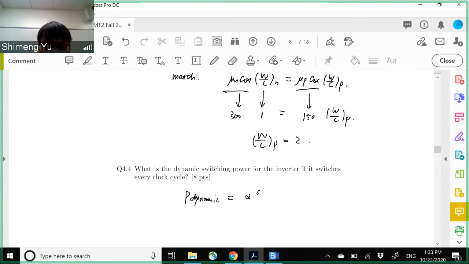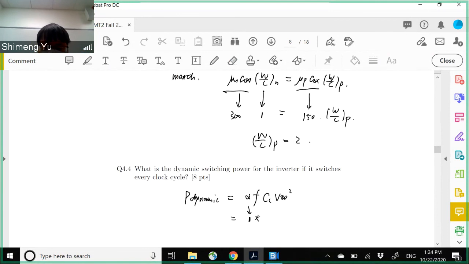It's alpha F C VDD square. This is due to the charging and discharging. Your input is changing from 1 to 0 and 0 to 1. And it says every clock cycle. That means this alpha is 1. That is the activity for the switching. So every clock cycle you are switching, then it's like 100%.